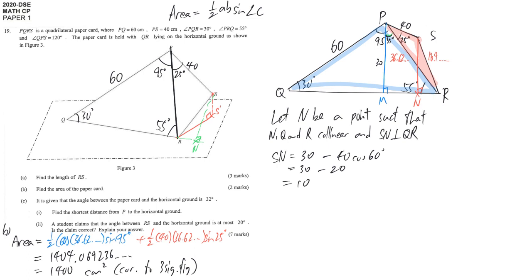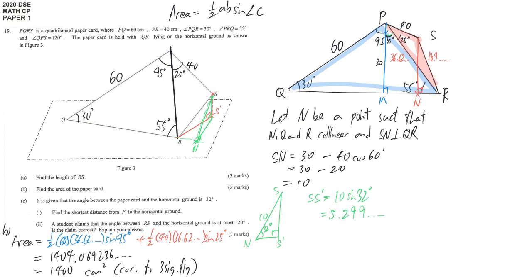So if we consider the green cross section here, it is a right angle with S and N here, while this one is the projection on the horizontal ground. Don't forget the angle 32 degrees is still active. So we have SN equal to 10. So our target SS prime is equal to 10 sine 32 degrees.